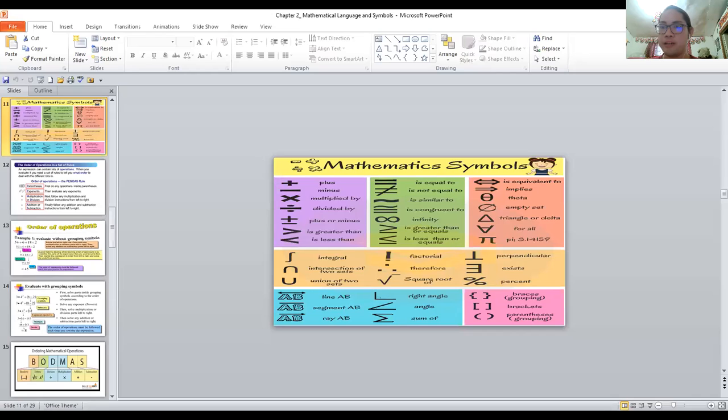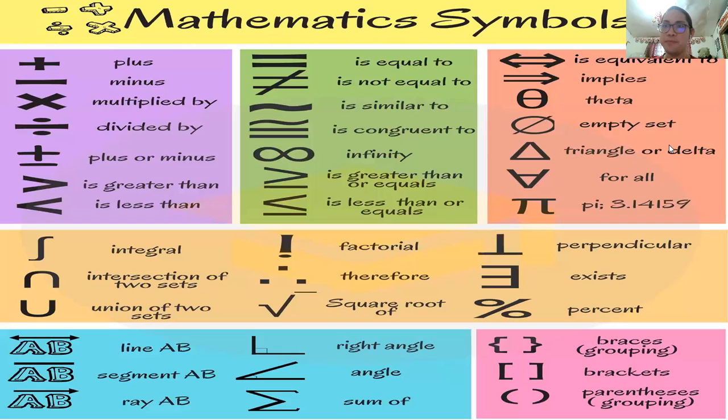So now let's start. We ended up in our lesson in mathematics in the modern world in this topic: mathematics symbols. As I have said, in the language of mathematics, it's very important for us to know the different symbols so that it will be easier for us to communicate mathematical ideas.